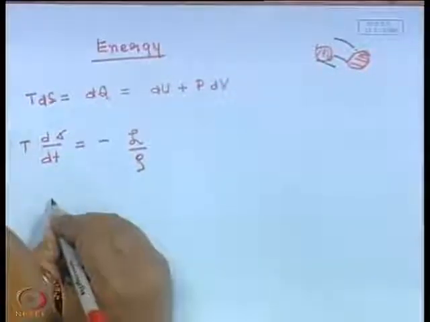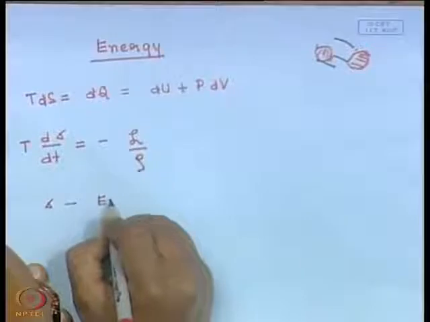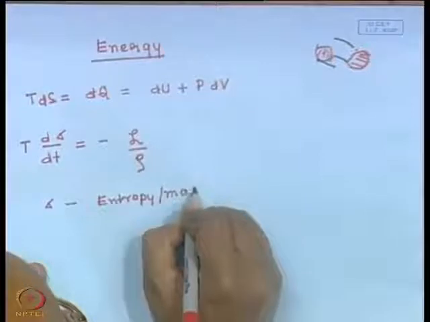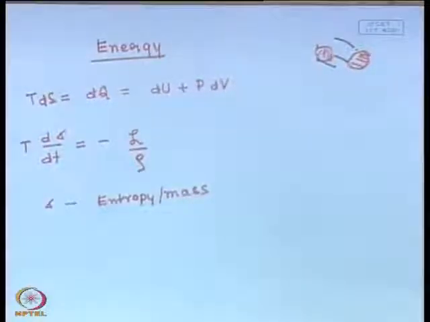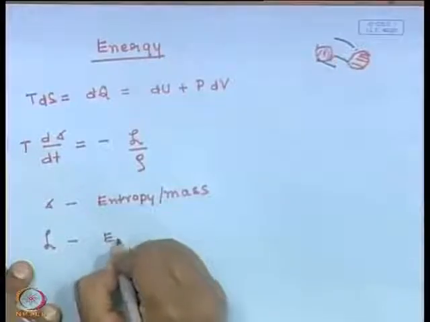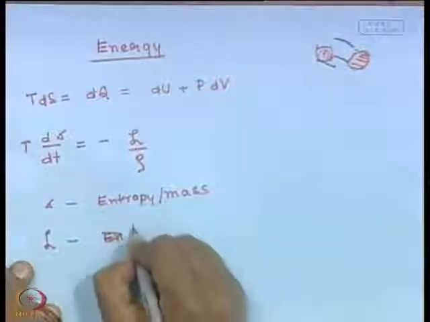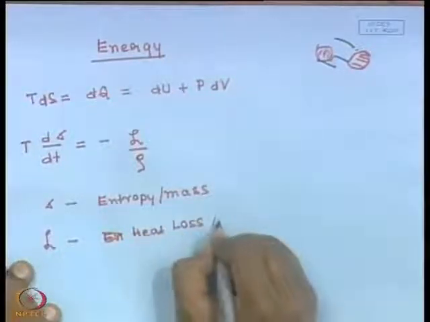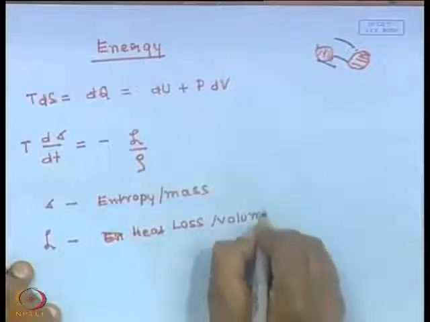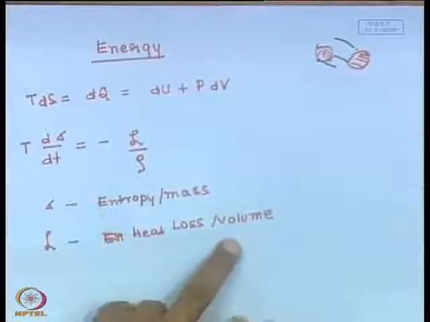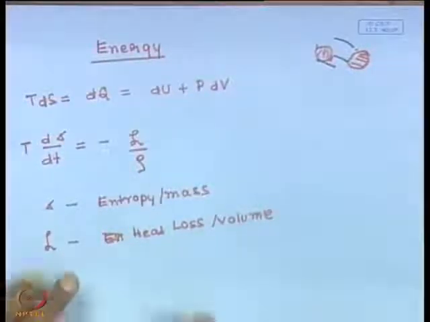Here sigma is entropy per unit mass, and L is the heat loss per unit volume. So we would like to convert the heat loss per unit volume to the heat loss per unit mass.